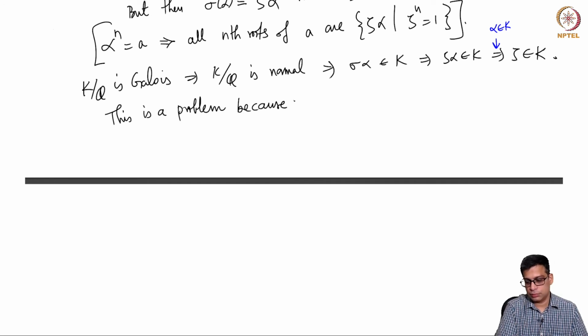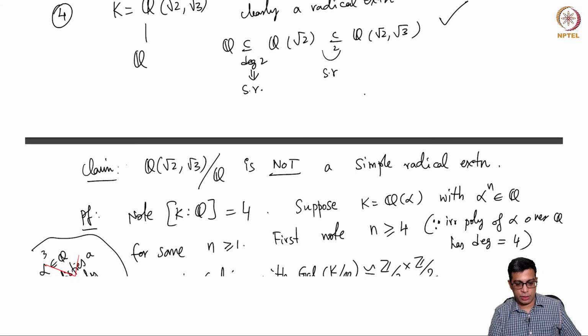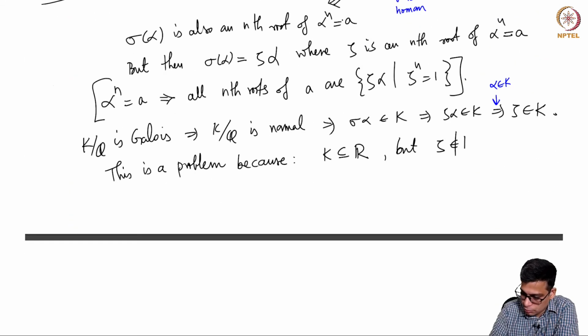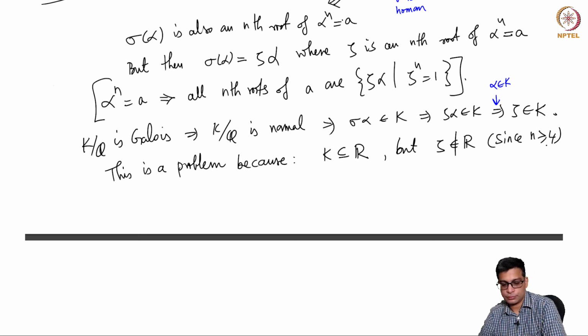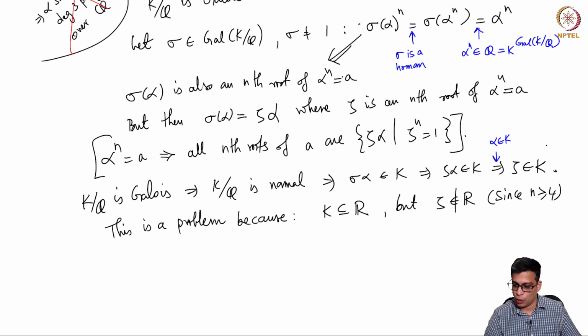Because remember, K is in R, K is a real field, because root 2 and root 3 are real. Okay. So, what I want to say is that zeta cannot be inside the real numbers, because n is at least 4 and we have to take an nth root of a.